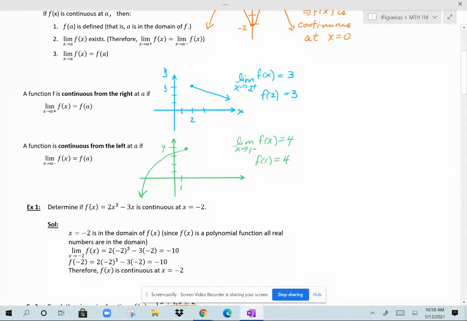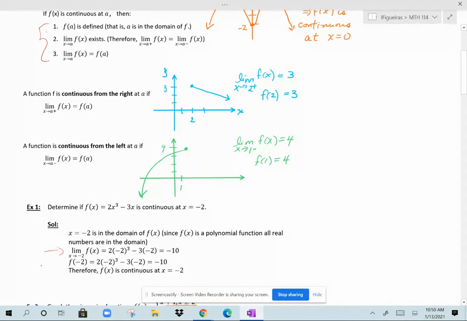But how do we prove that? Well, we have to go back to use this definition above. So x equal to -2 is in the domain. Again, it's a polynomial function. All real numbers are in the domain. And when we evaluate the limit as x approaches -2, we can do that by direct substitution. When you plug the -2 in, you get that the limit is -10.